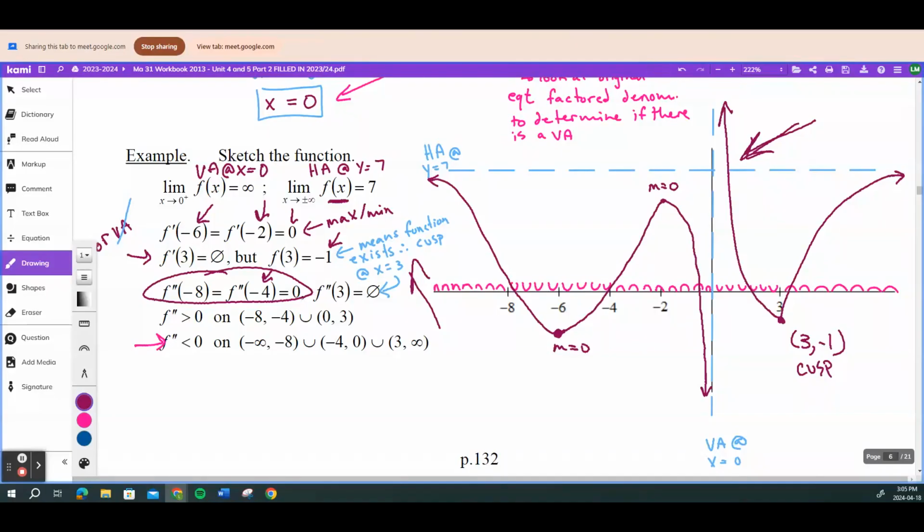Asymptotes describe where the end behavior of a graph is going to approach. It doesn't have any bearing on the middle behavior of a graph. So that's why our graph can cross the horizontal asymptote there, because that's the middle behavior, not the end behavior. And when I say end behavior, I mean extreme negative x values or extreme positive x values.